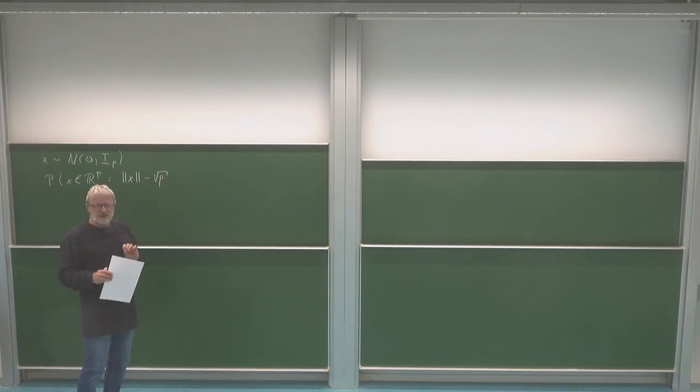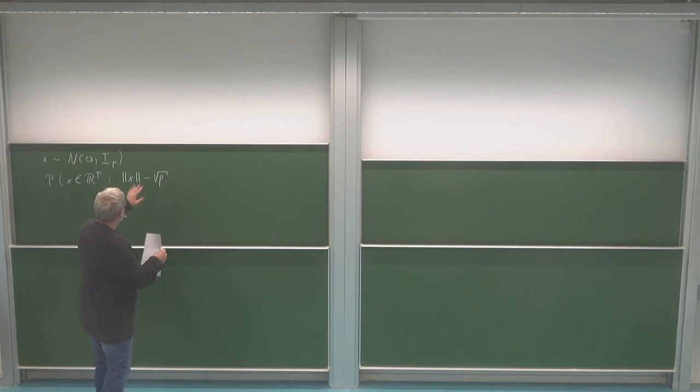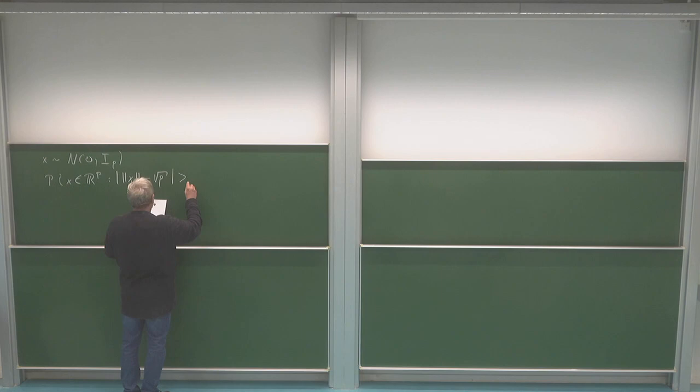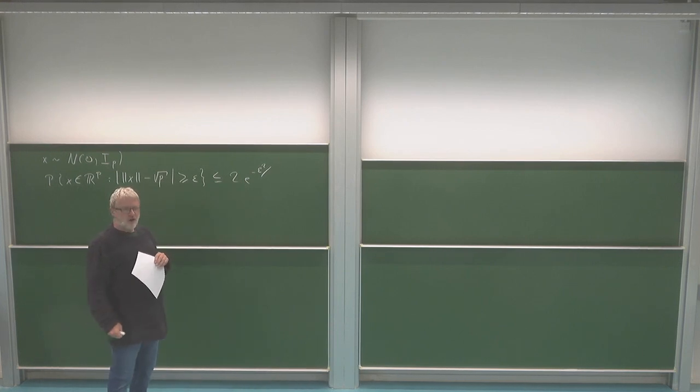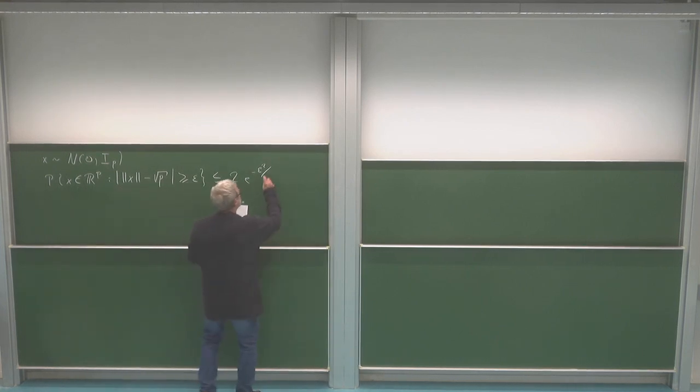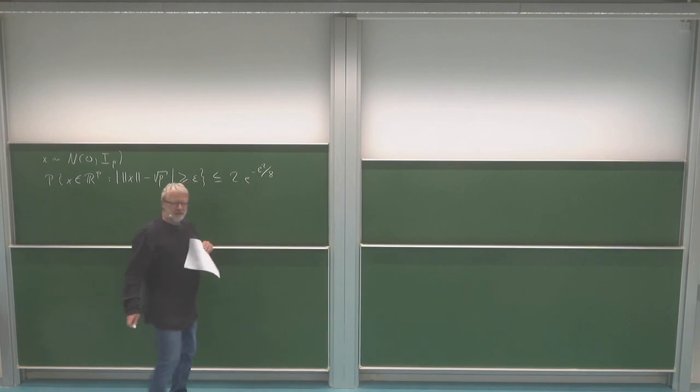Square root of p is not exactly the expectation, but it should be close to this, and the deviation from this being bigger than epsilon, this we want to estimate by 2 times e to the minus epsilon squared over 8. Last time I think I wrote 16, now I think I prefer 8. At least that's what I hope to prove later.